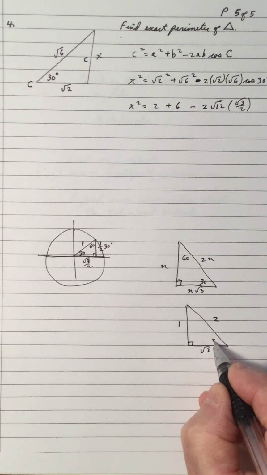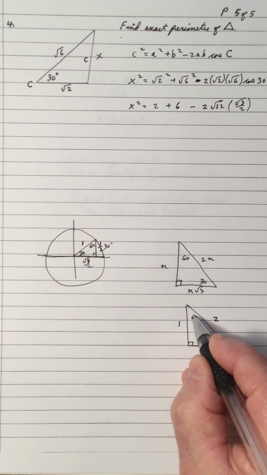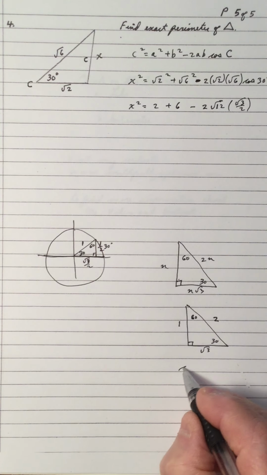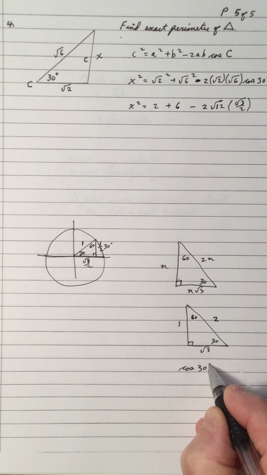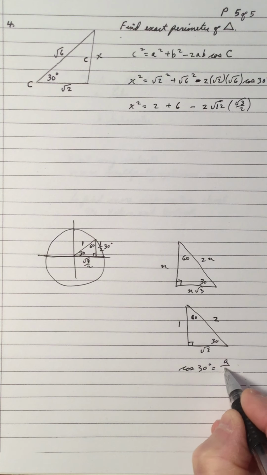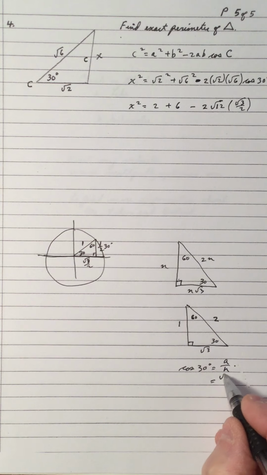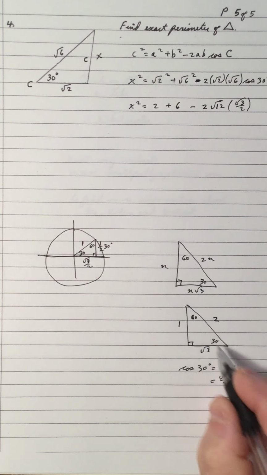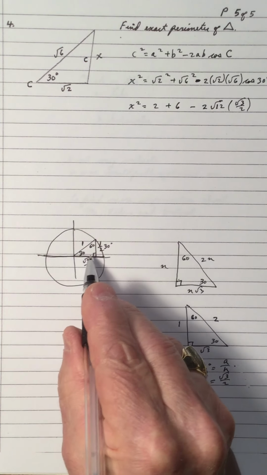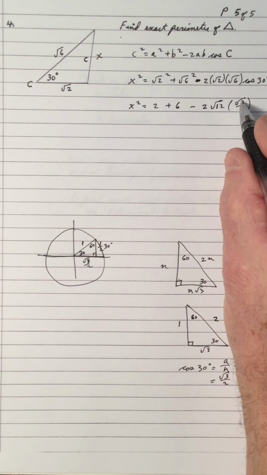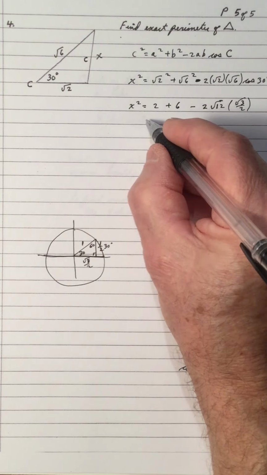That's a 30, that's a 60. The cos of 30 is the adjacent over the hypotenuse. So in this case, the adjacent is root 3 and the hypotenuse is 2. You can do it this way or this way, your choice. Anyway, I have that root 3 over 2 explained a couple of ways.